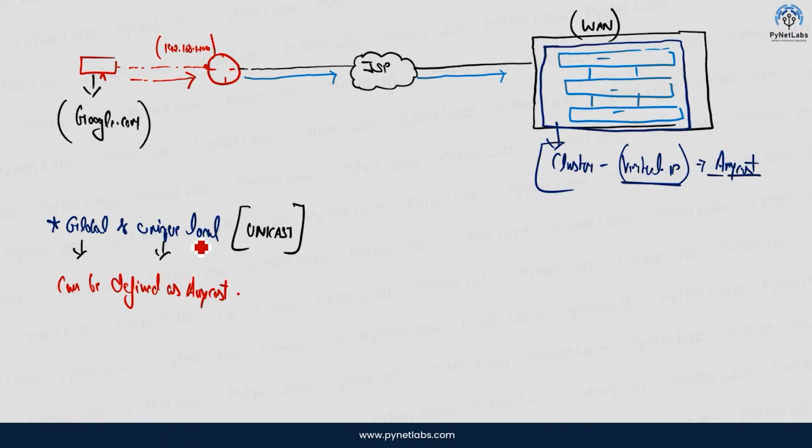This means the Anycast address is pretty similar to multicast, which identifies multiple interfaces over the wide area network, but it gets the reply from whichever it finds first. So that is what the Anycast address is.